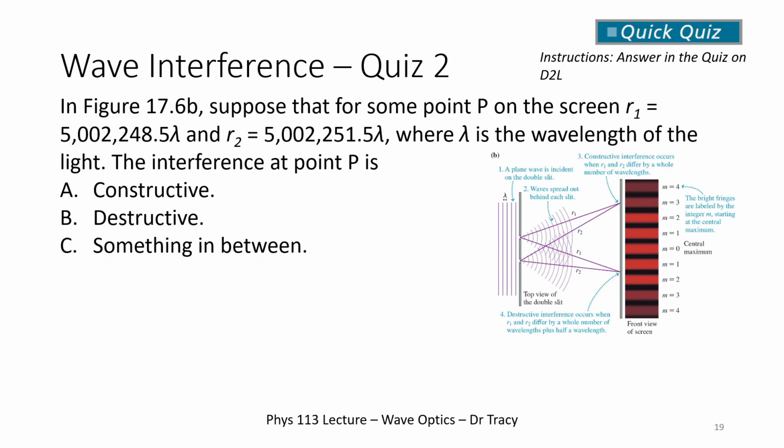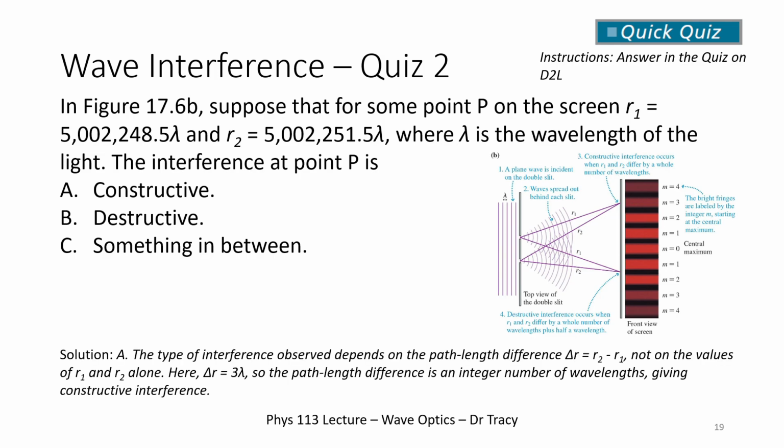If you've paused it and you're coming back now, the answer is constructive interference, because the question asks what is the difference in those two radii. The difference of those two radii is 3 lambda. That's a whole number, so this is constructive interference, or a bright fringe.